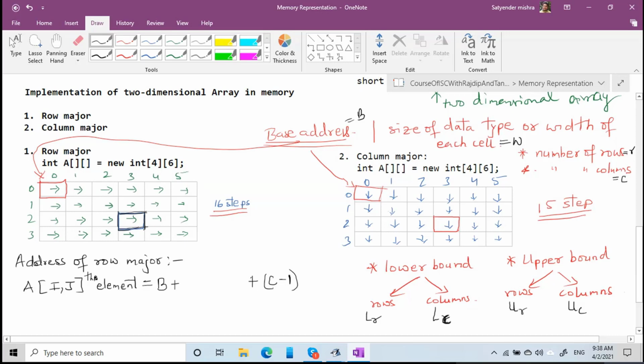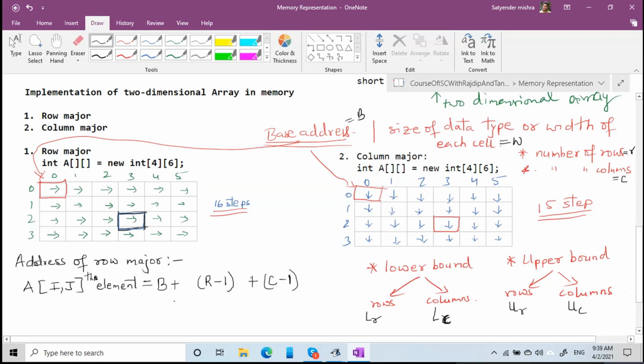Now I have to count how many rows I have traversed, right? 1, 2, and this is the third row I am traversing. So the number of rows is R, and it is also starting from 0, so I have to put -1 here. And then in every row, how many columns have I visited to reach this place?